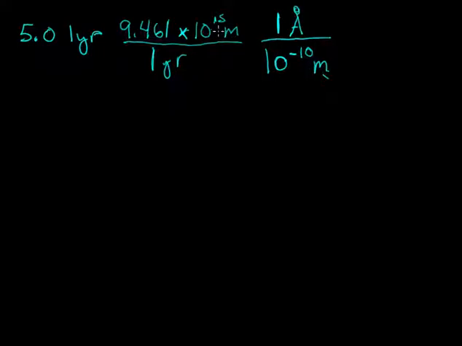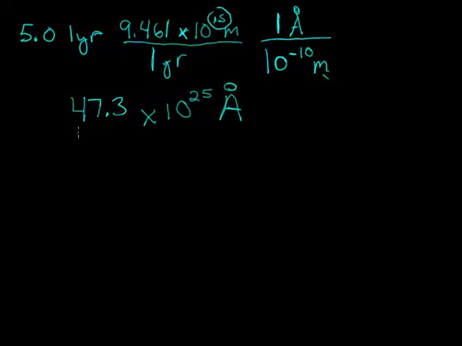And so meters cancel, light years cancel. I've got angstroms. And so I need to do a little bit of a multiplication here. So I have 5 times 9.461, and that equals 47.3. 47.3 times 10. Well, I have 15 upstairs, and my rules of exponents are going to bring this up as a positive. So that's 25th angstroms.